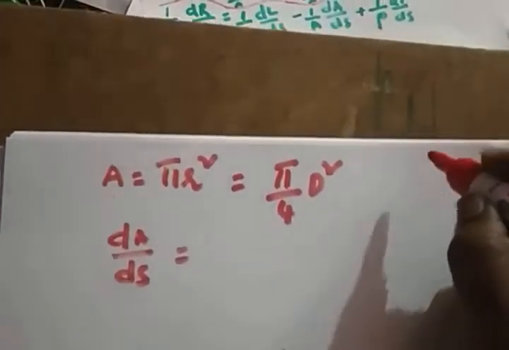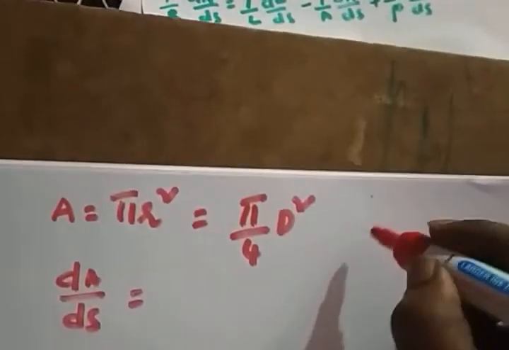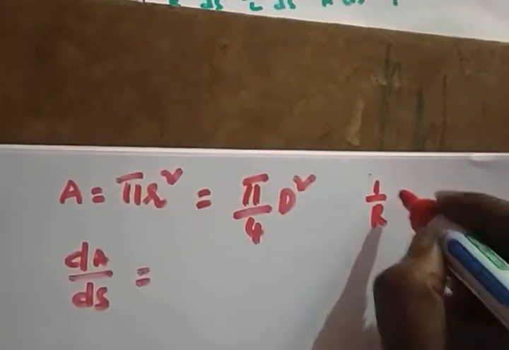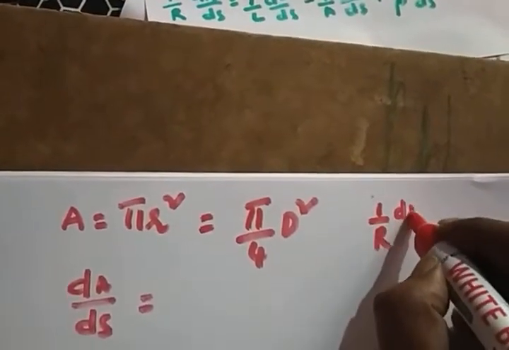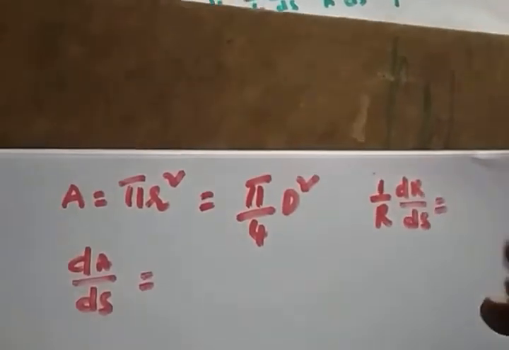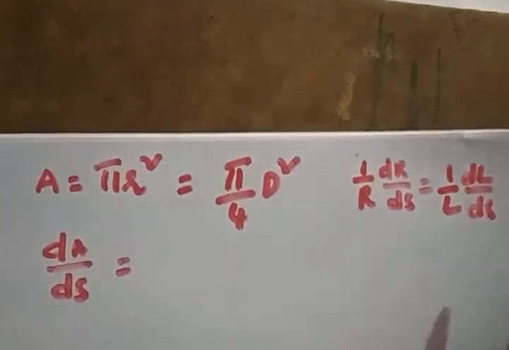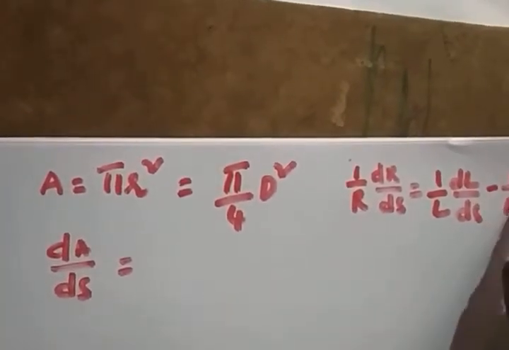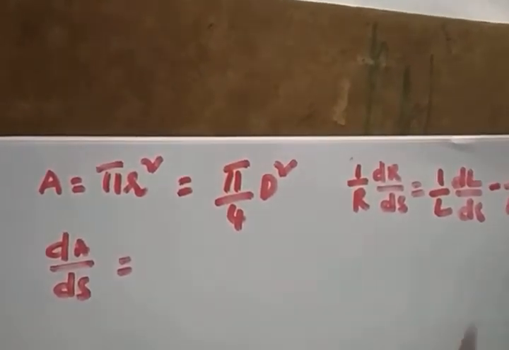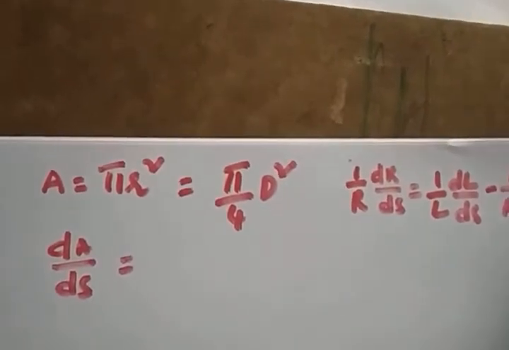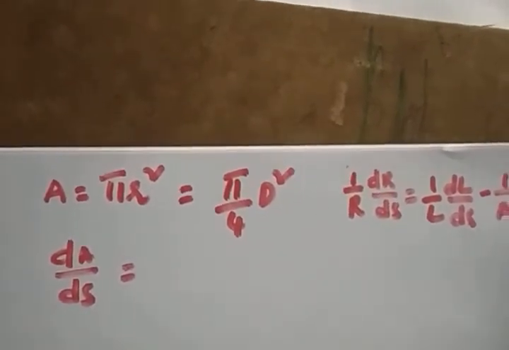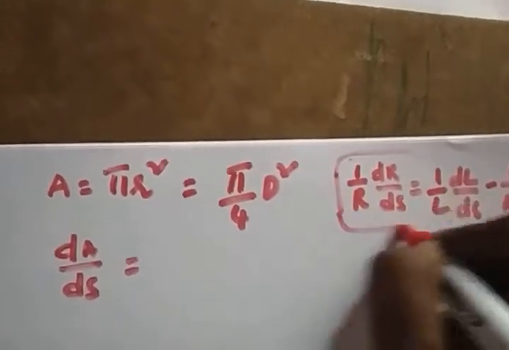So I just want to write out the equation if required. So 1 by r dr by ds is equal to 1 by L dl by ds minus 1 by A dA by ds plus 1 by rho d rho by ds. So this is the equation.